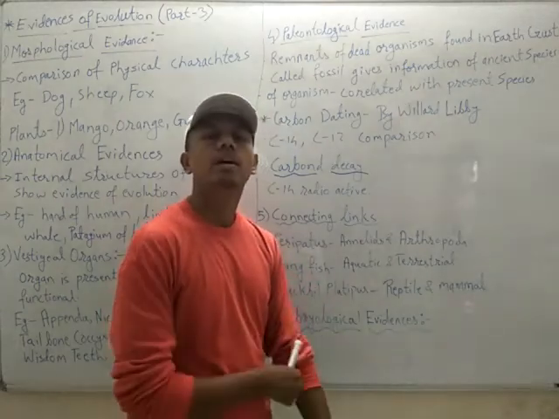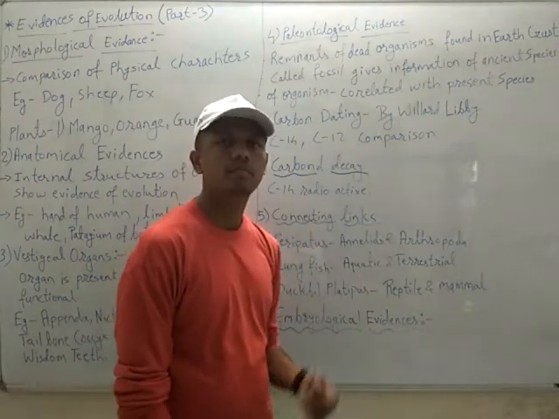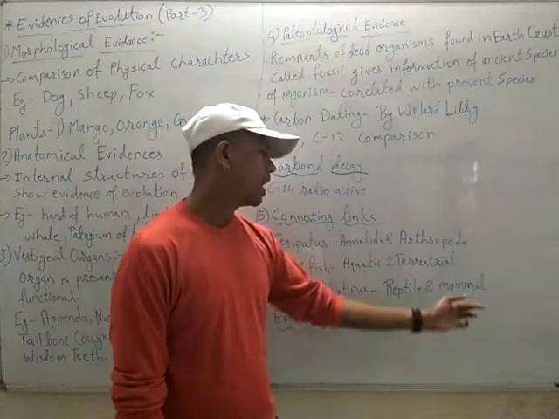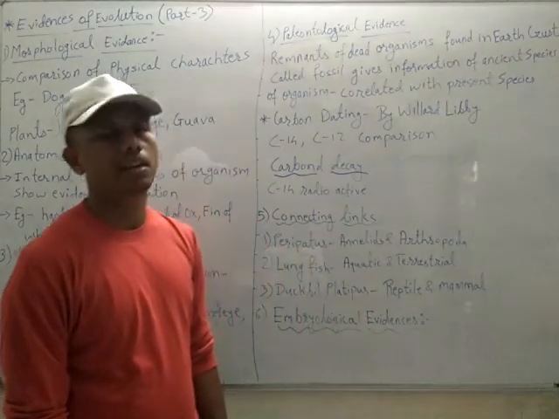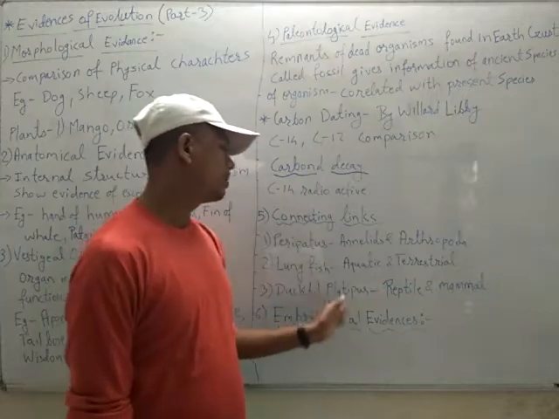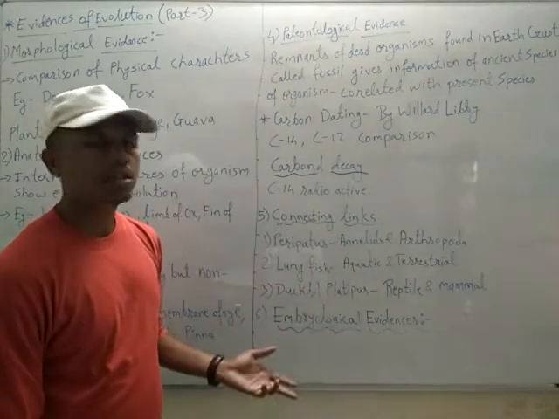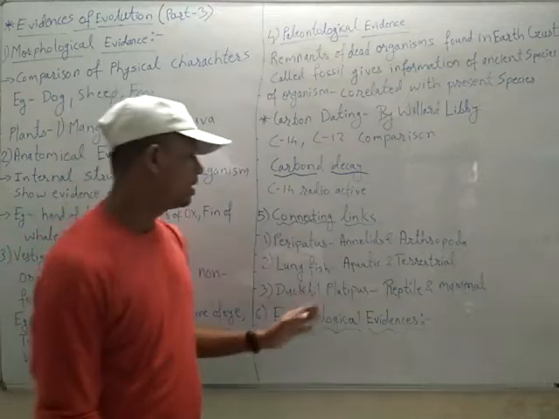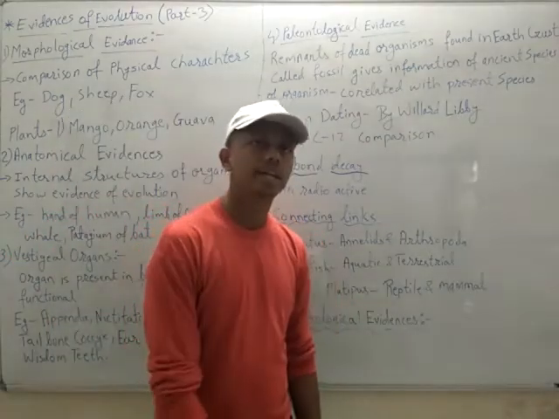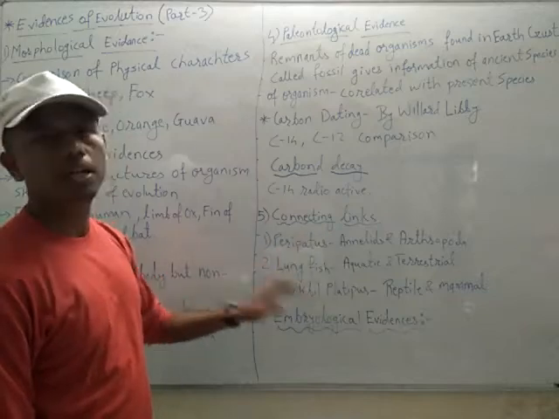Mammals have mammary glands for feeding milk to the young one, and also the body is covered by hair. So both characters can be seen in the duckbill platypus. The body is covered by hair, mammary glands are present for feeding the young one, and it lays eggs. So it also acts as a connecting link.